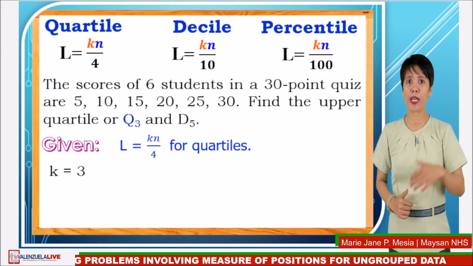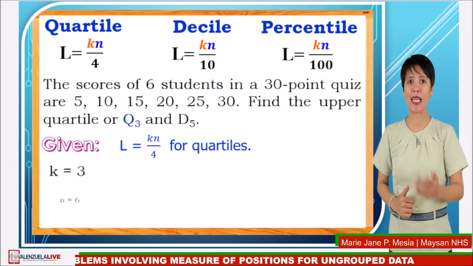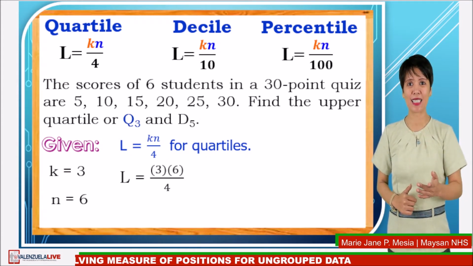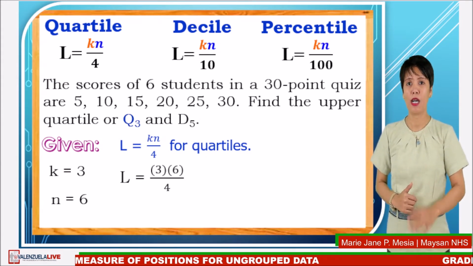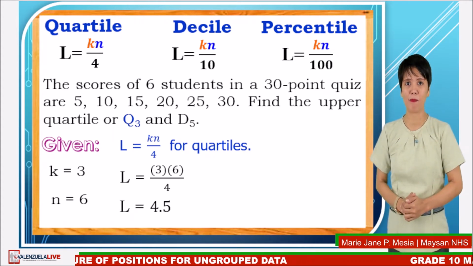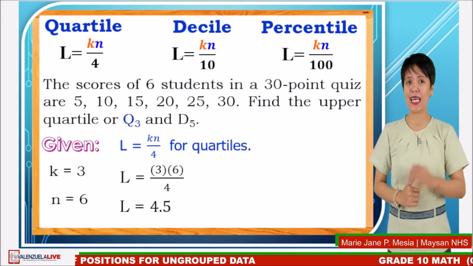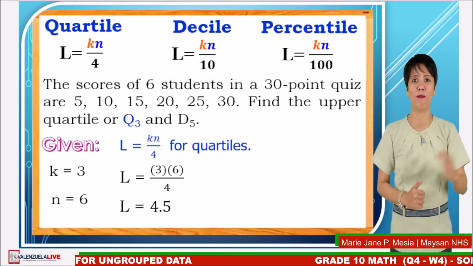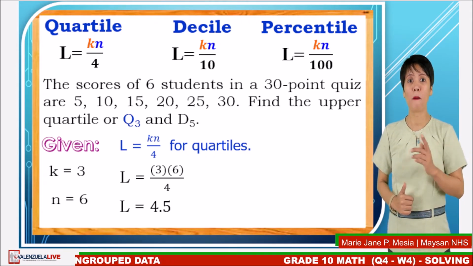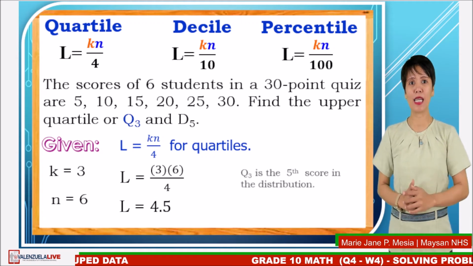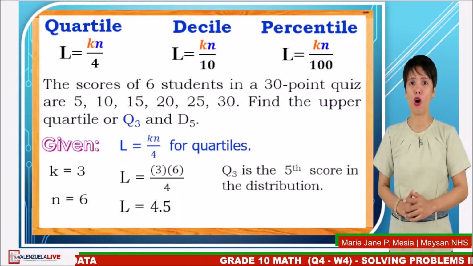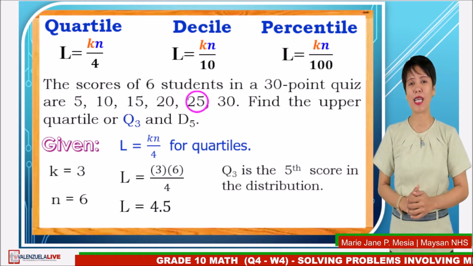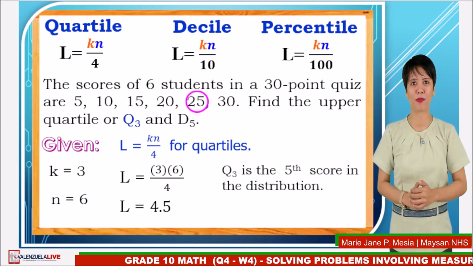So, for K is equal to 3, N is equal to 6, L is equal to 3 times 6 divided by 4 is equal to 4.5. Since this is not a whole number, round up 4.5 to the next whole number, which is 5. Q sub 3 is the 5th score in the distribution. Hence, the value of Q sub 3 is 25.